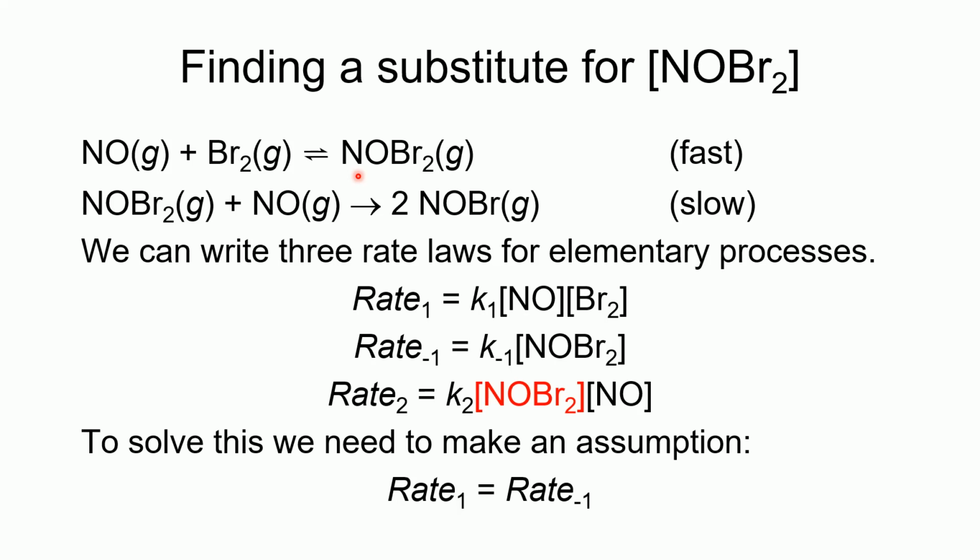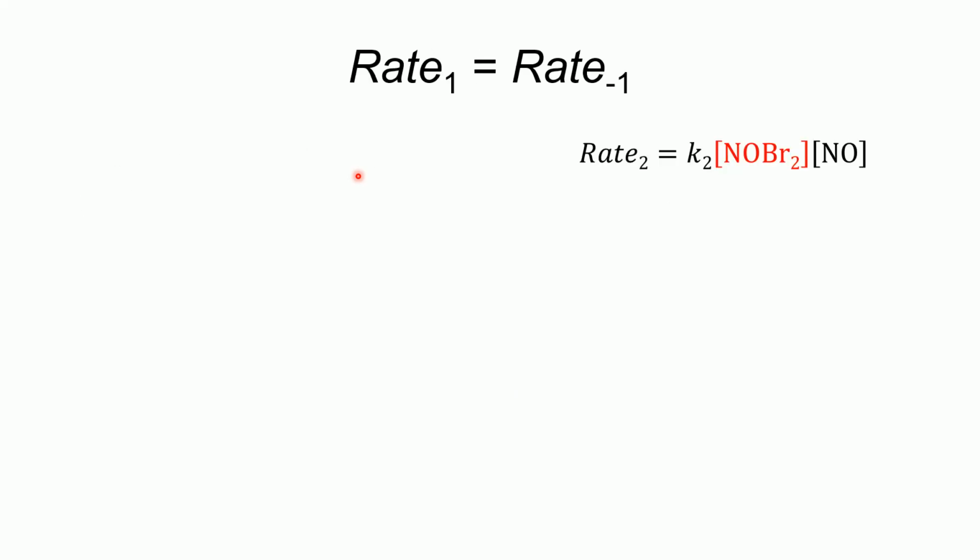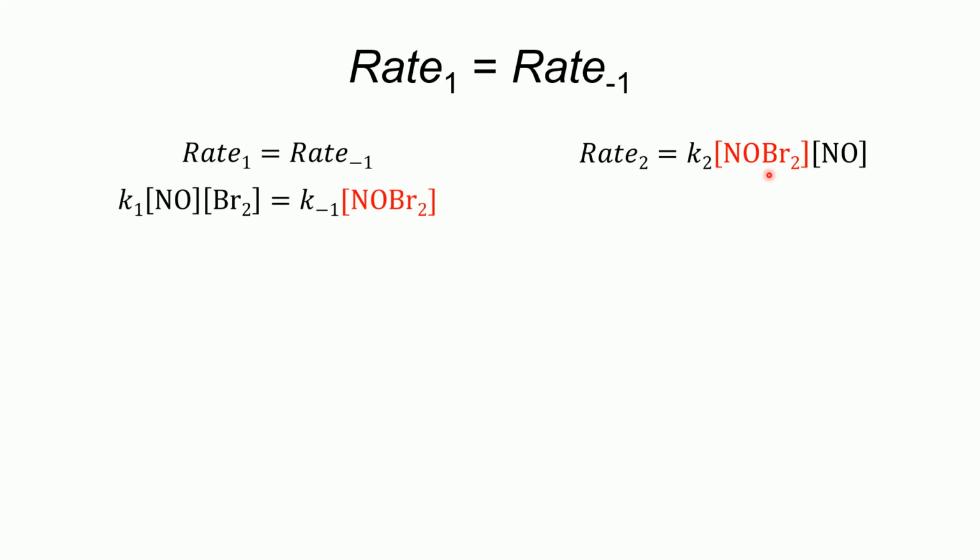Okay, so now let me show you how we use this. So over here, I've got rate 2, and again, we're trying to find something that we can substitute in place of NOBr2. I mentioned that rate 1 is equal to rate -1, and with that, we can just write down the rate laws for rate 1 and rate -1. So here's rate 1, there's rate -1.